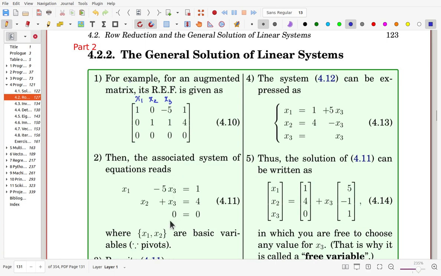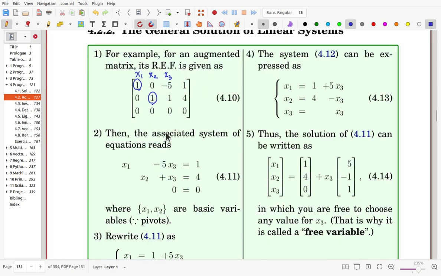And then the last one is 0 equals 0. Here, these are leading ones, and they decide the pivot positions and pivot columns. So eventually, x1 and x2 are basic variables.